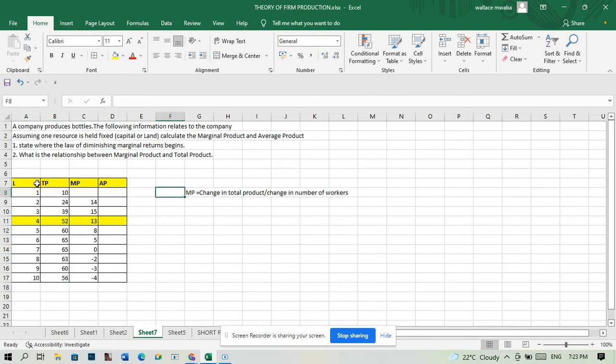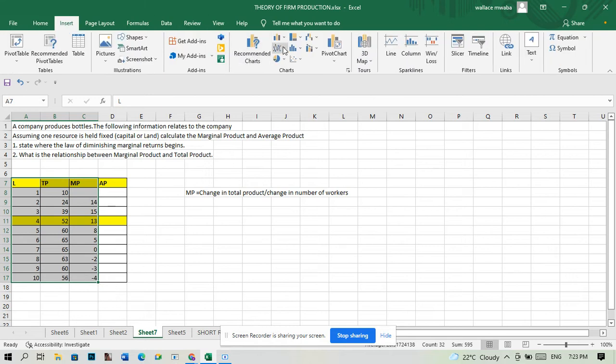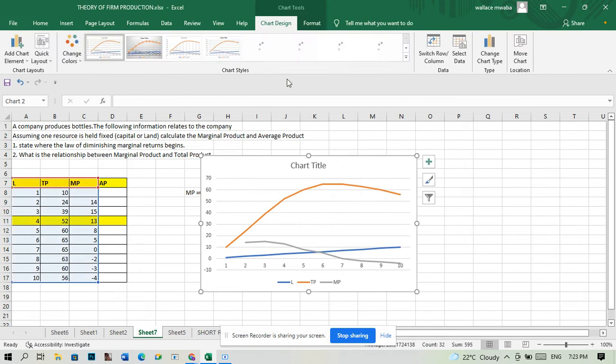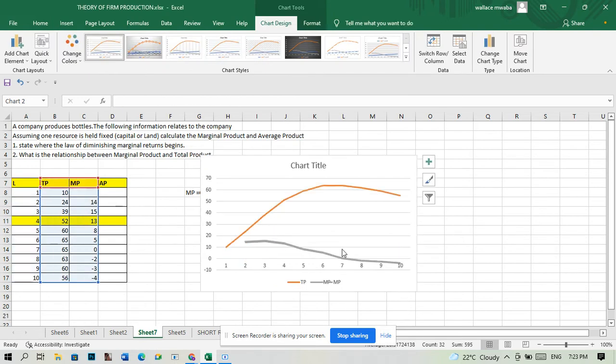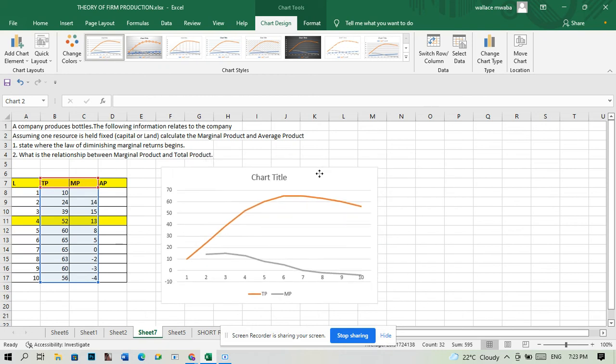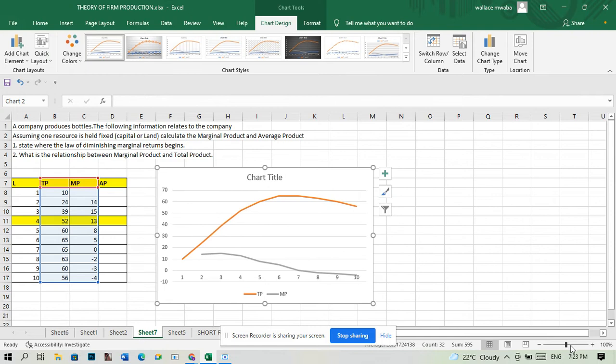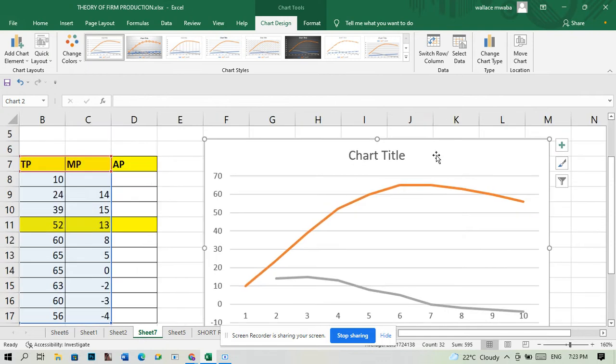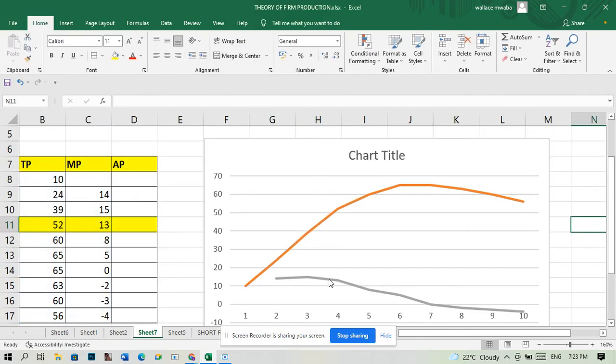Let me do it like this. Let me just zoom in a bit. So what we have here in gray, this is our marginal product.